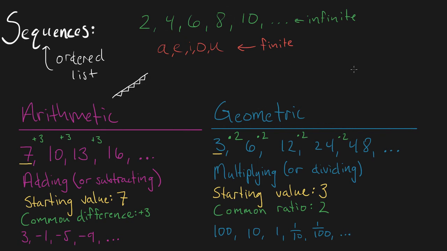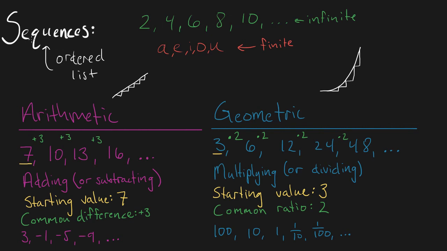And a geometric sequence is akin to an exponential function. Remember, with an exponential function, at each step, we are multiplying by the same amount. And so the growth starts off relatively slow and then goes up faster and faster as we go. Or it could go down faster or slower and slower in terms of exponential decay.